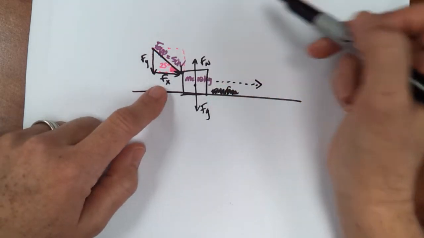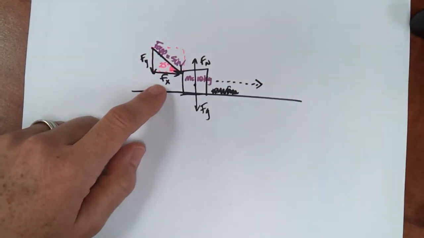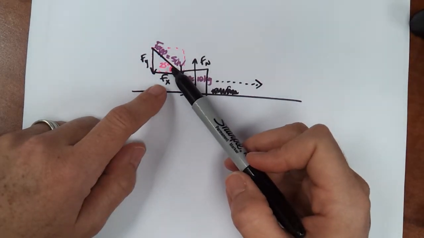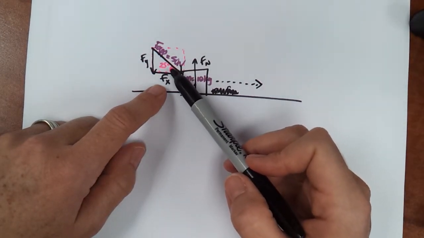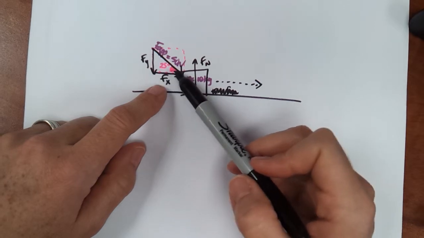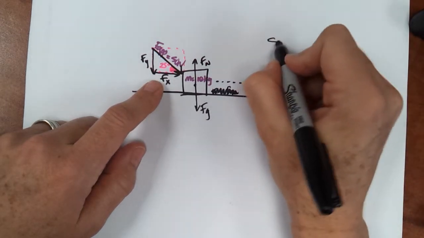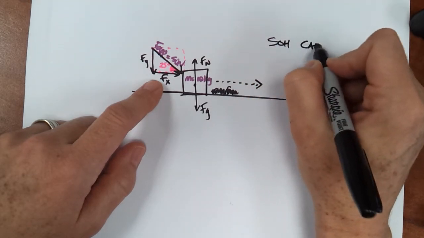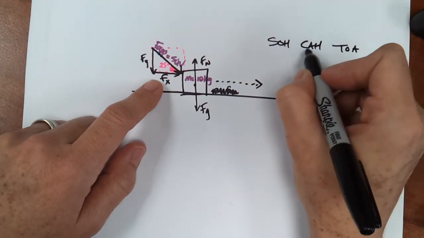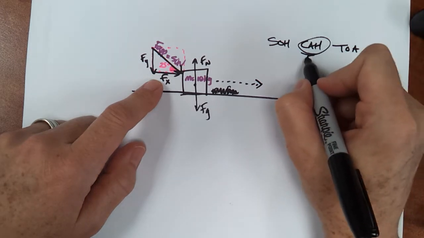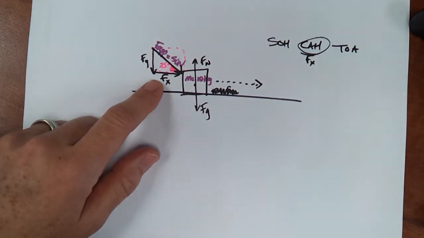In order to find Fx, which is the x component of my applied force, remember that cos is close. So this angle is closest to this side. So remember, this is also dealing with SOHCAHTOA. And that Fx component is dealing with the CAH of the SOHCAHTOA.